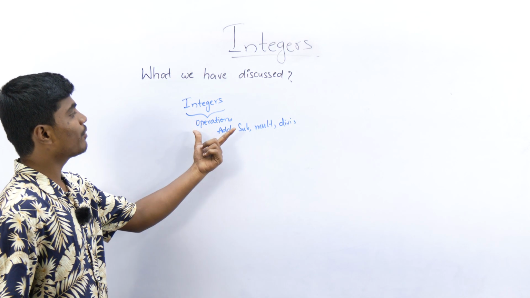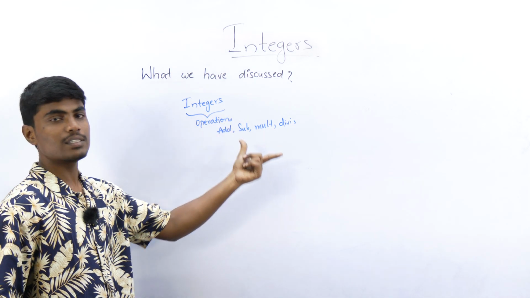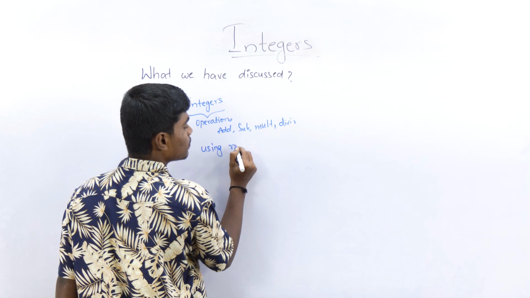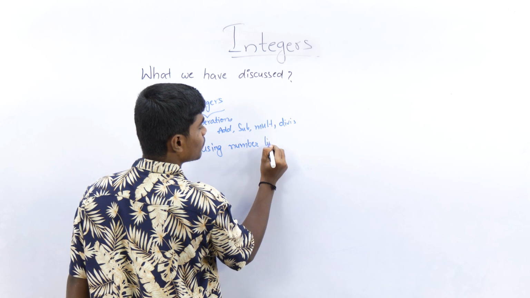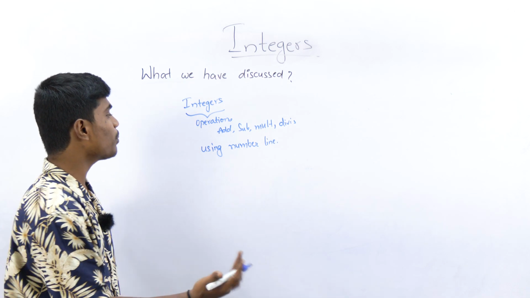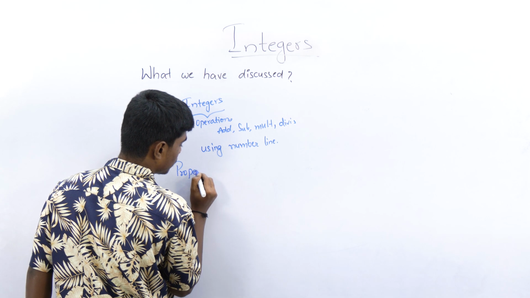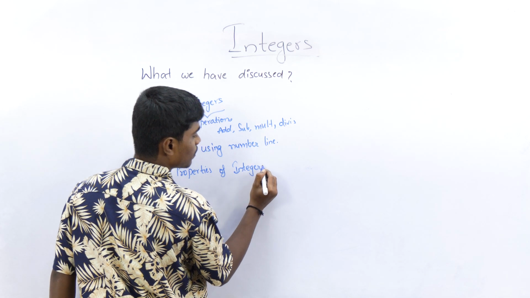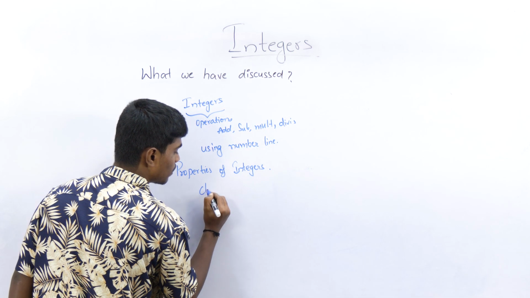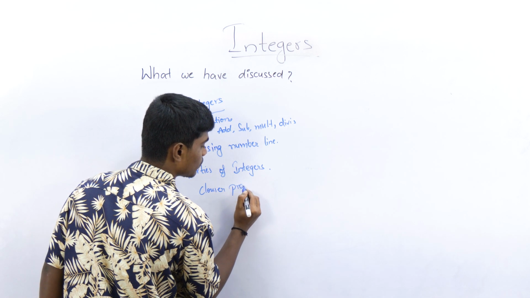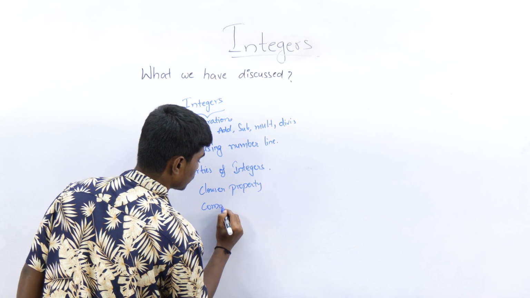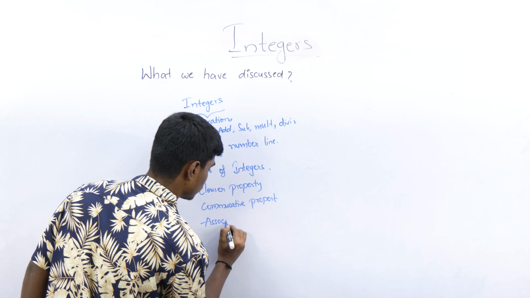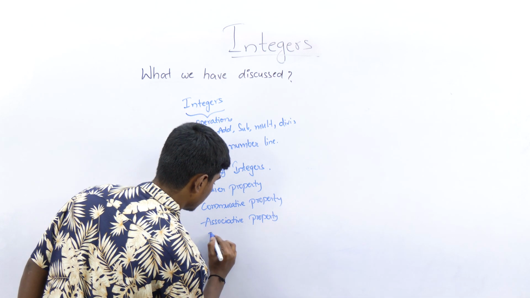Okay, we have performed operations of integers by using numbers and number line also, and we have discussed the different properties of integers, like closure property, commutative property, associative property, and distributive property.